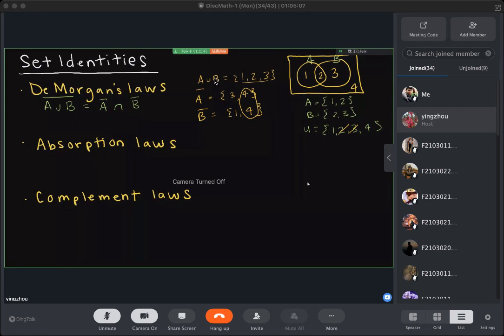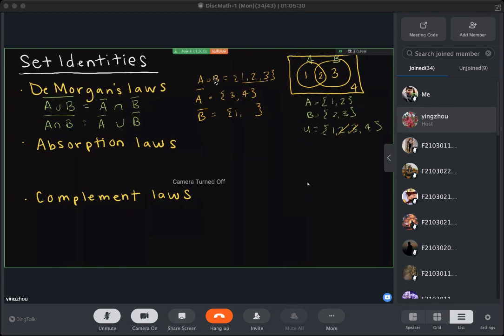In the same way that De Morgan had two laws when we're dealing with propositional logic, he's also got two laws when we're dealing with set identities. So now I've got the complement of A intersect B, and I bet you can guess what's going to happen. I'm still going to have the complements of A and B, but now I'm going to take the union.